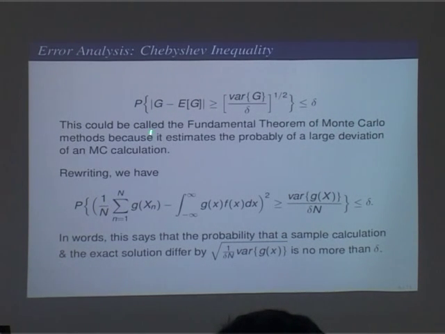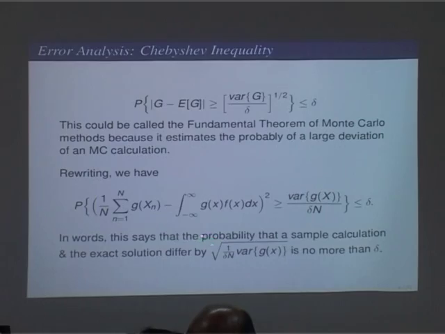Here I have the difference between my estimator and the integral I want to calculate, and the probability that that difference is bigger than you'd like. You want that to be small. That's all Chebyshev's inequality says.